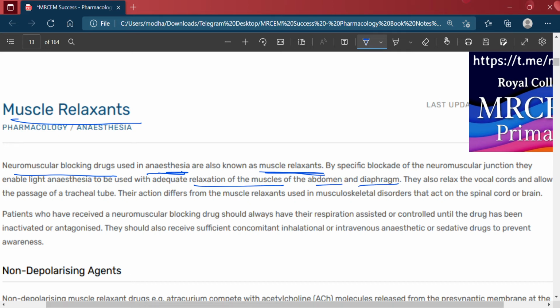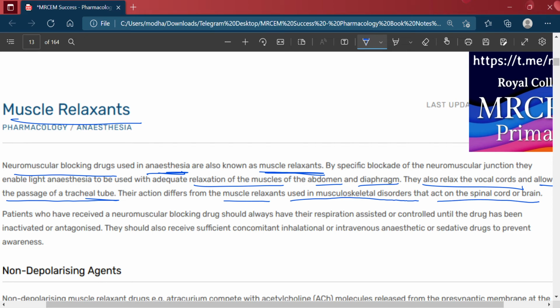They also relax the vocal cords and allow the passage of the tracheal tube. Their action differs from the muscle relaxants used in musculoskeletal disorders that act on the spinal cord or brain.